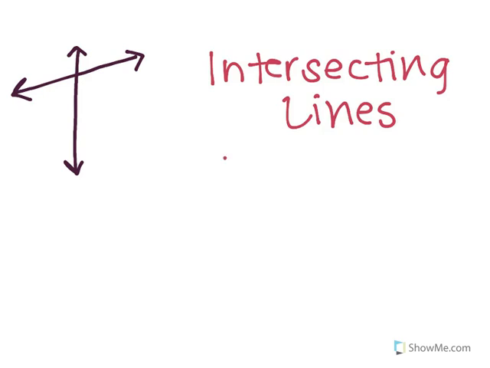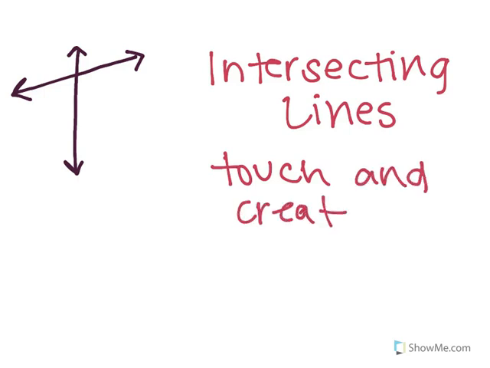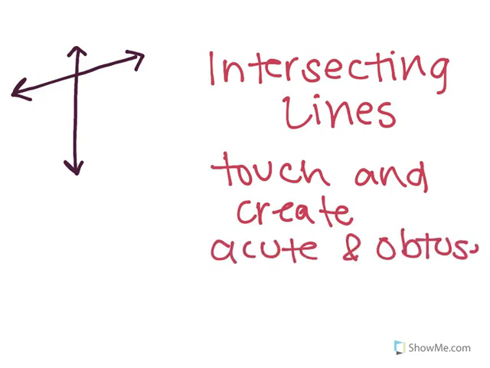Intersecting lines touch and create acute and obtuse angles. You can see the acute angles right here, and you can see the obtuse angles right there.